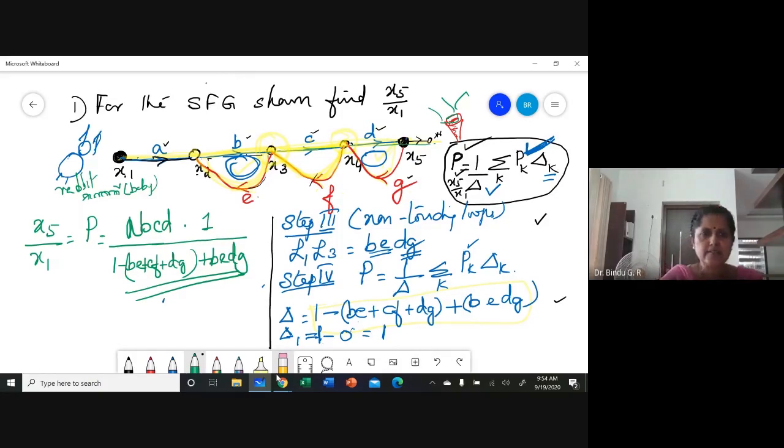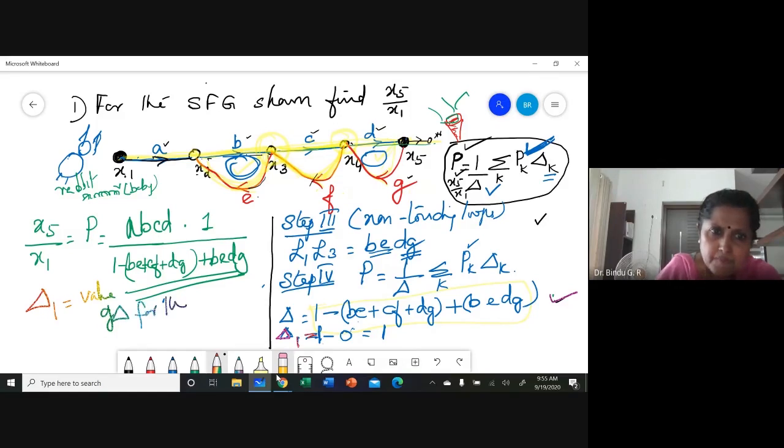This is your answer. Delta K is the value of delta for that part of the graph which is not touching the first forward path. In this particular problem, you have only one forward path, isn't it?